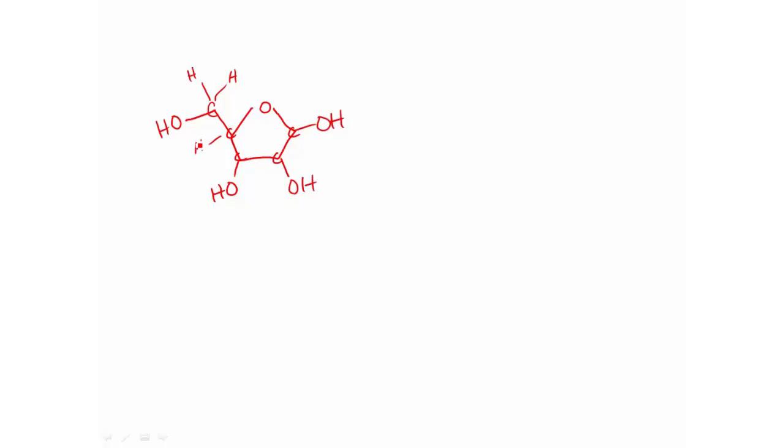This one would have 1. This one would have 1. Here we have 1, and here we have another 1 as well. Okay, so that would be one example of a monosaccharide in a ring form, or we could have the pentagon, which is what we see there, and there would also be lots of hydroxyl groups coming off.